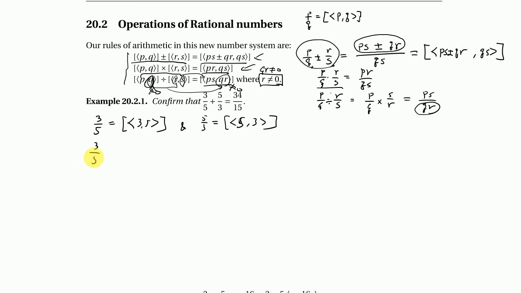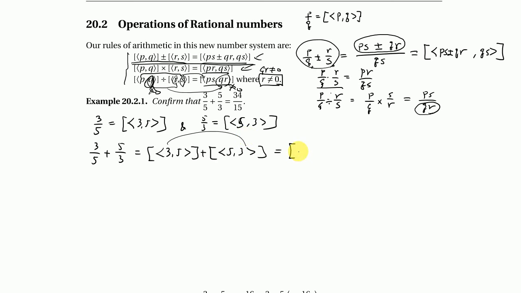So 3/5 plus 5/3 is the sum of these two, and according to our definition, we need to multiply the outside ones, right?